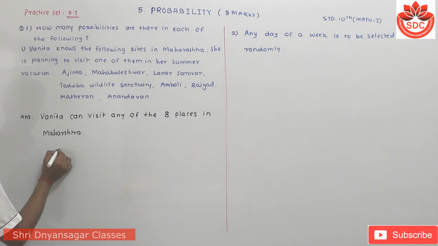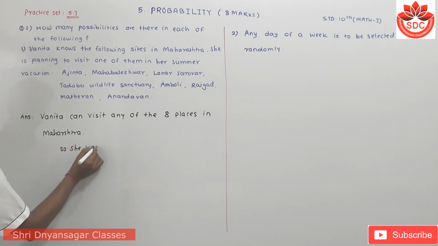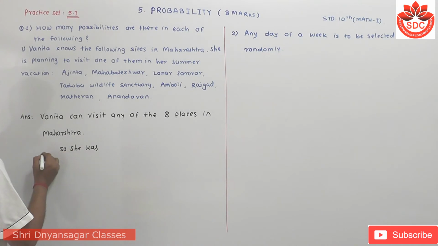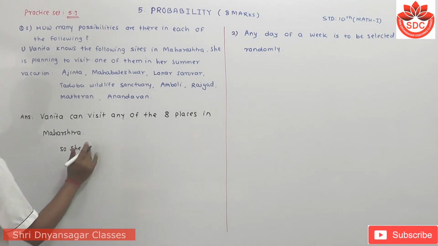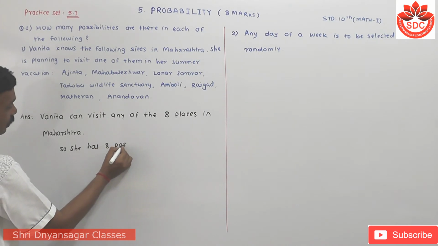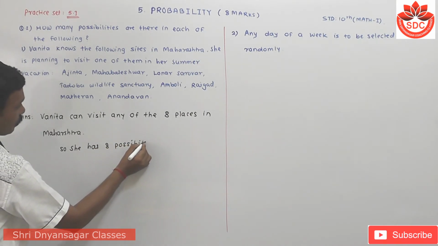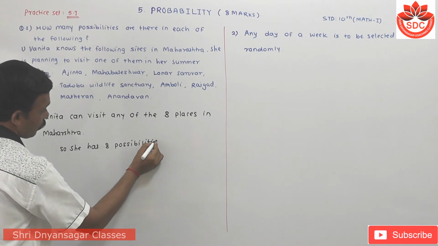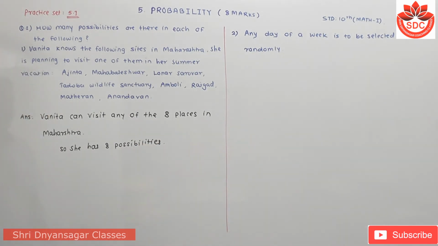So she has 8 possibilities, because there are 8 places here.